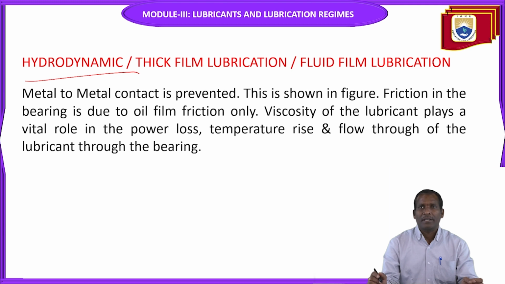I will show you the diagram. The friction in the bearing is due to oil film friction only. Whatever friction occurs in the bearing is due to the oil film friction. So the property of the lubricant, viscosity, plays a main role in the power loss, temperature rise, and flow of the lubricant through the bearing.